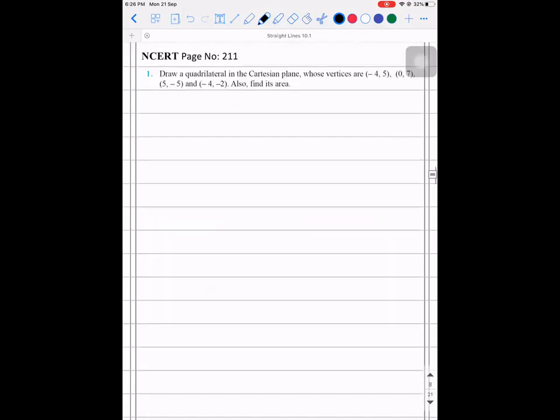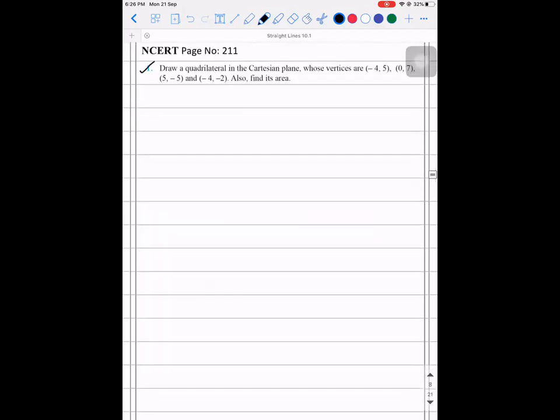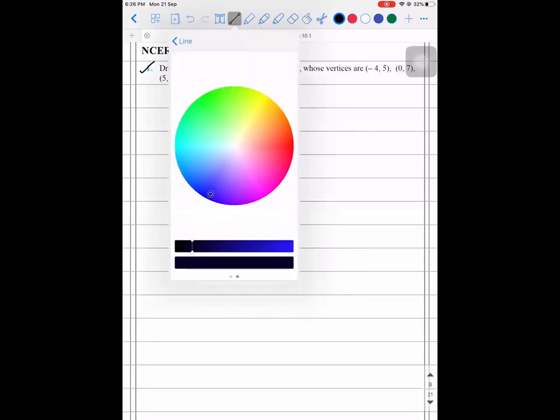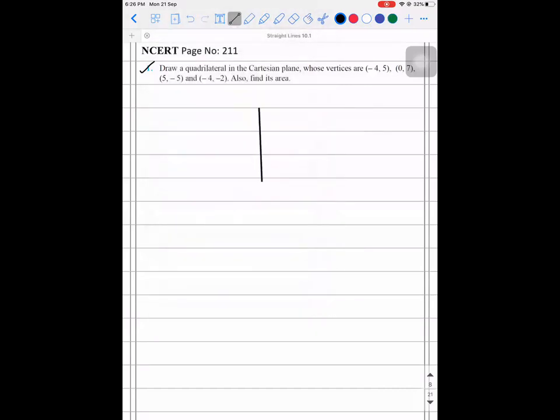Now, see, draw a quadrilateral on the Cartesian plane whose vertices are (minus 4, 5), (0, 7), (5, minus 5) and (minus 4, minus 2).